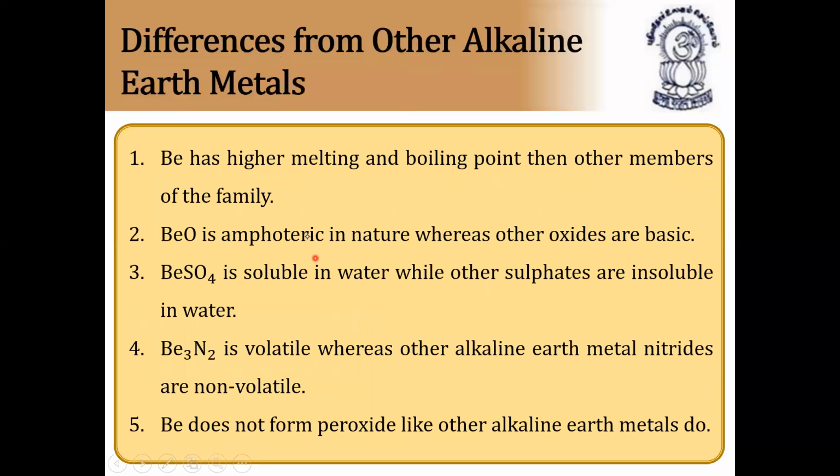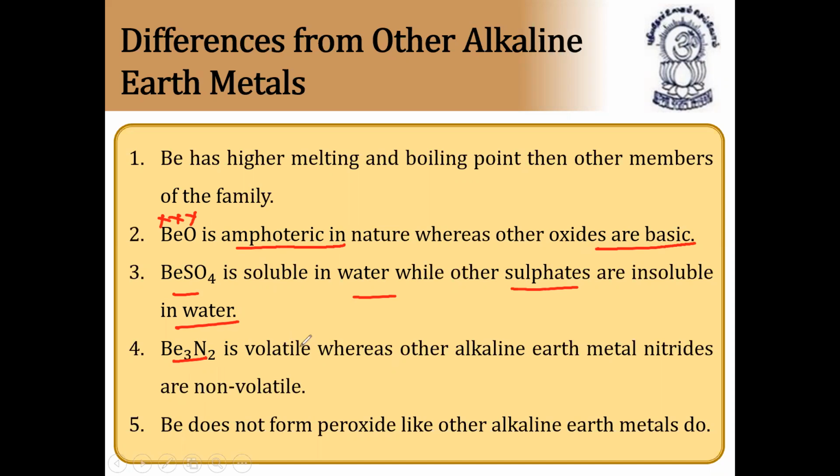Now we are going to discuss more points about beryllium. Beryllium has higher melting point and boiling point than other members of the family. Beryllium oxide is amphoteric in nature, very important, whereas the other oxides are basic in nature. Beryllium sulfate is soluble in water, while other sulfates are insoluble in water.